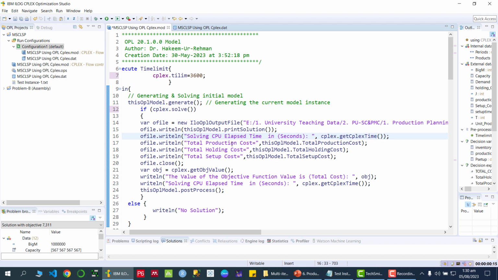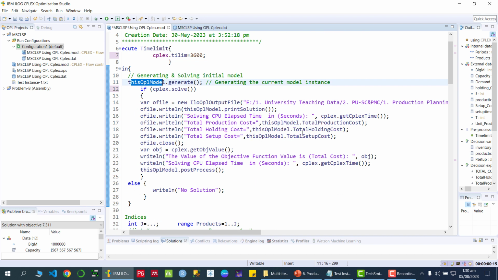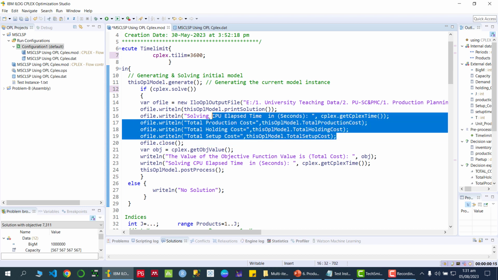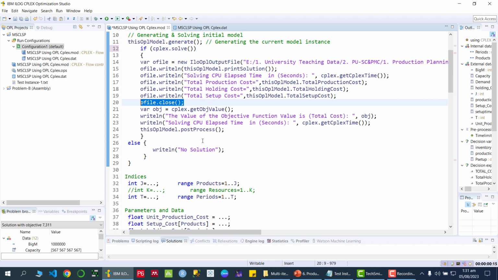Then I am mentioning the total production cost, that is again this OPL model, this entire model. This is a keyword, and then I am mentioning the total production cost, similarly holding cost and the setup cost. And then I am saying output file dot close, which means after I get these answers, it should close this file. Then I mention the variable obj, which means the objective function is going to be calculated.